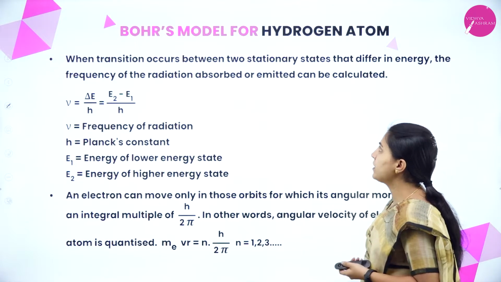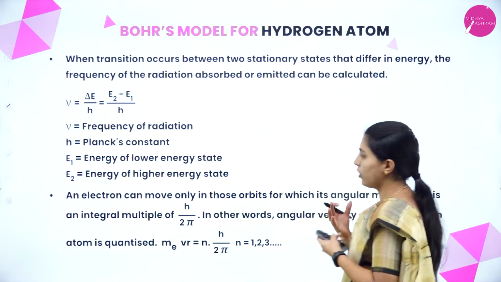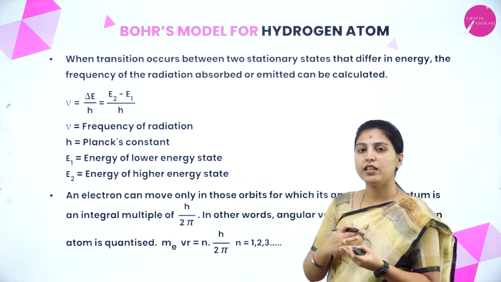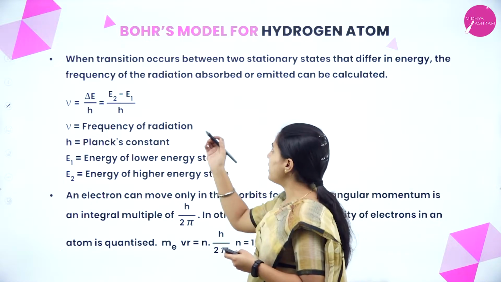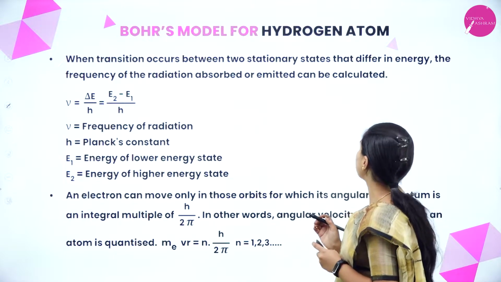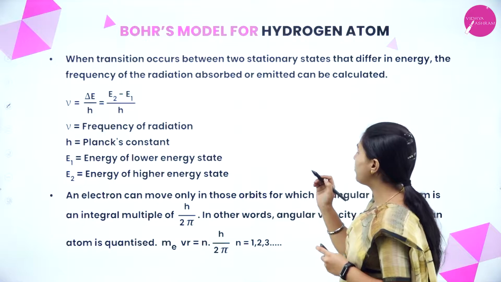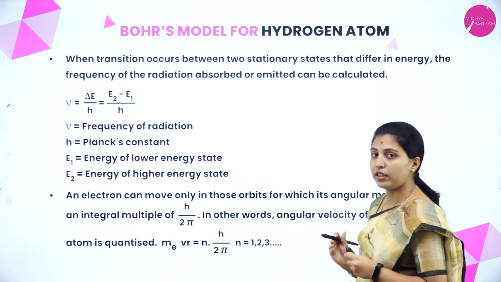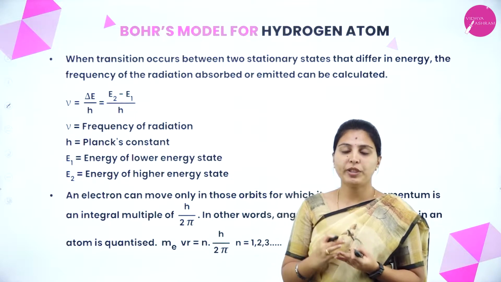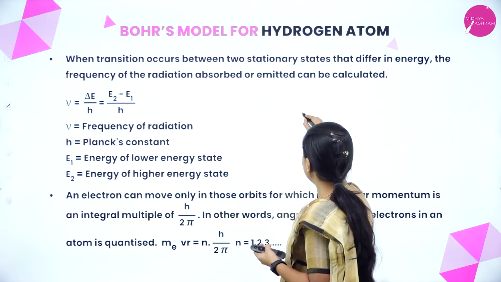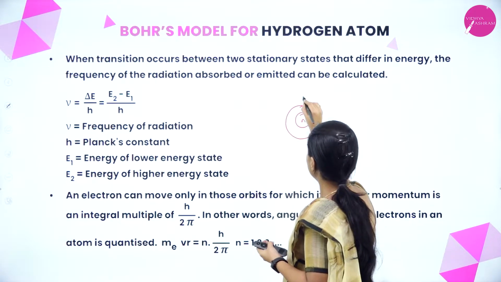Next, we'll see Bohr's model of the hydrogen atom completely. When transition occurs between two stationary states that differ in energy, the frequency of the radiation absorbed or emitted can be calculated. What do we mean by transition? This is the nucleus, this is one orbit.